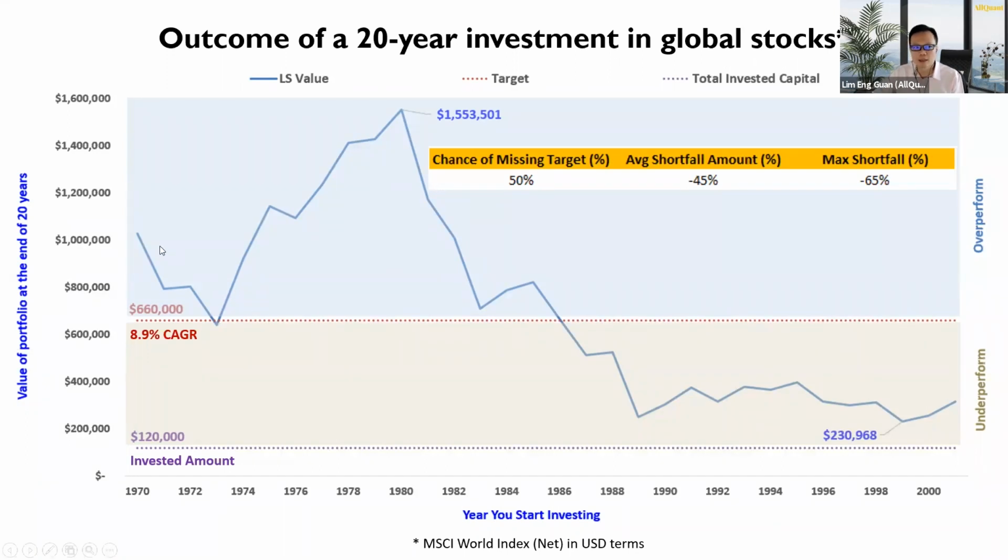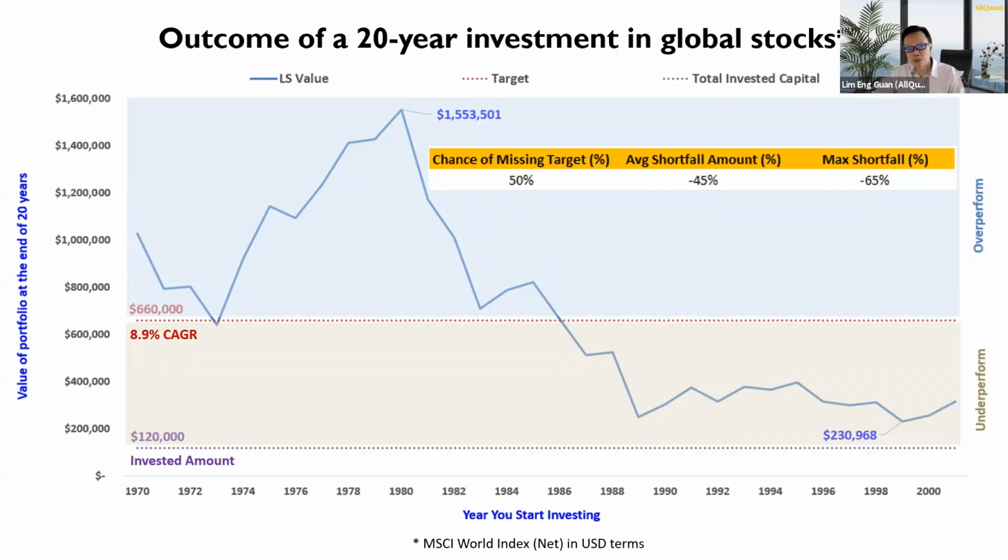Then the value plotted on this blue line shows you what you're going to have after 20 years. As an example, if I invested at the start of 1970, then what I will end up with after 20 years, in 1989, is this point here, which is slightly over $1 million. But if I were to start in the year 1999, which is down here, then after 20 years, at the end of 2018, what I would have is only about $231,000.